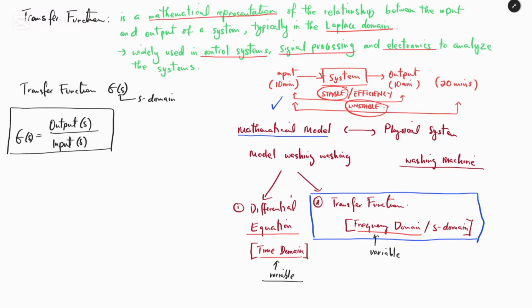And some of the key concepts about a transfer function we should know from the equation is they have what is called a polynomial. And we can see that the output is called the numerator polynomial, and this is the denominator polynomial.